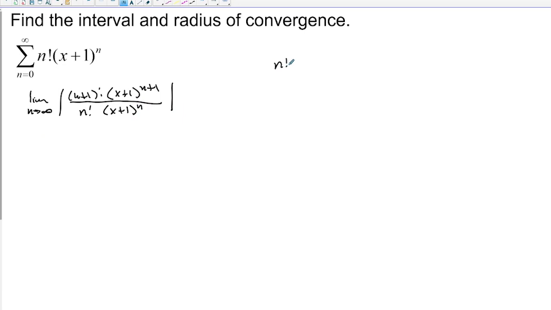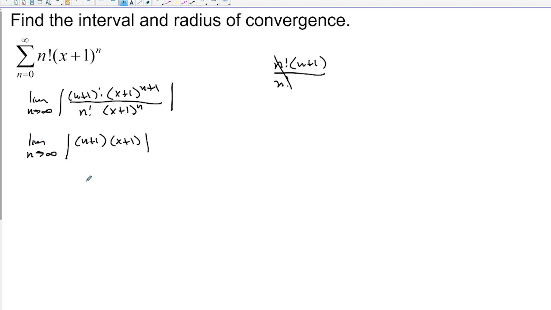We have n factorial on the top. n factorial times n plus 1 is still (n+1)!, over n factorial. Those cancel. We're left with the limit as n approaches infinity of the absolute value of n plus 1. And there's an extra x plus 1 here.